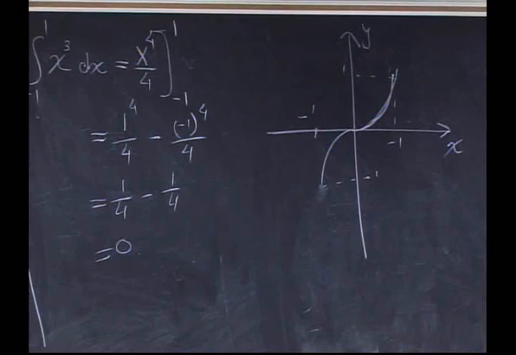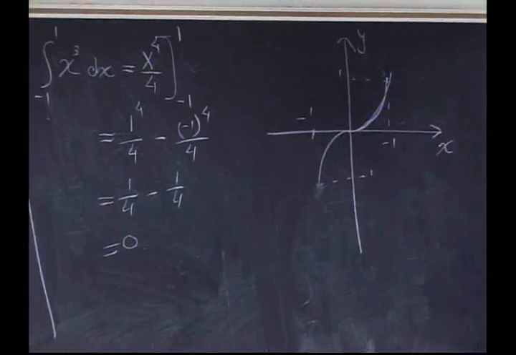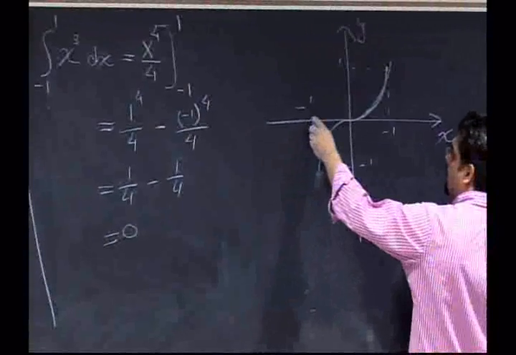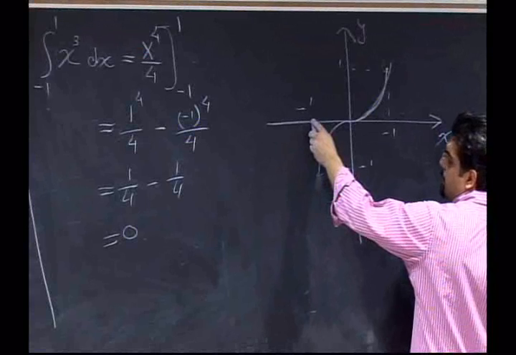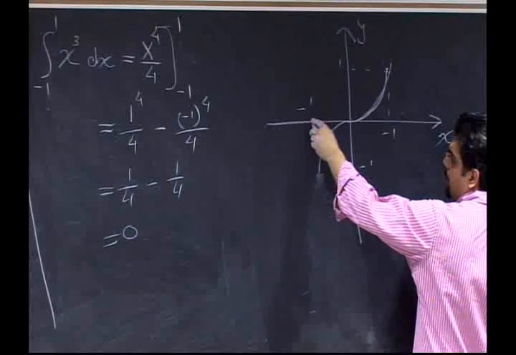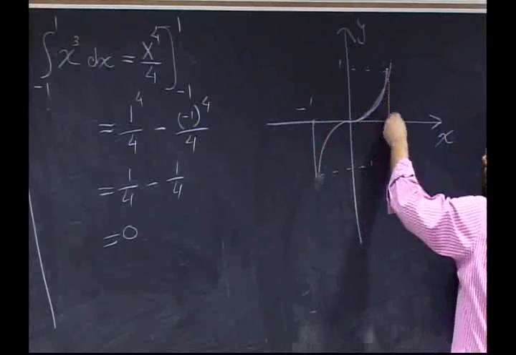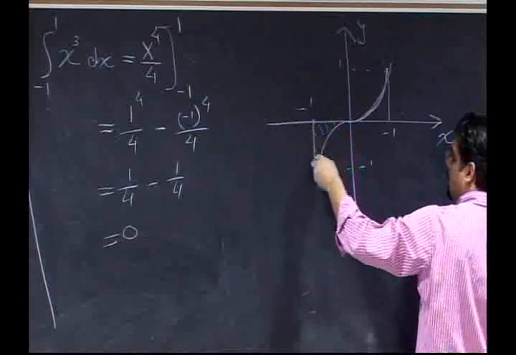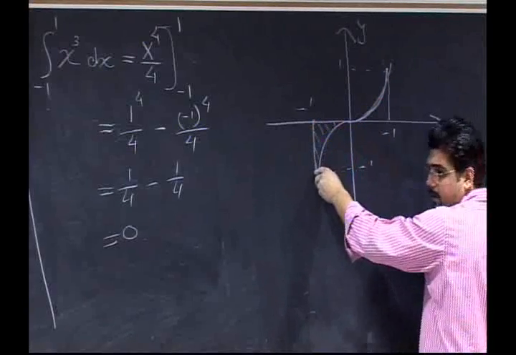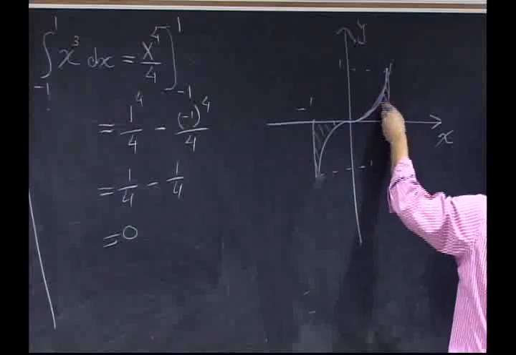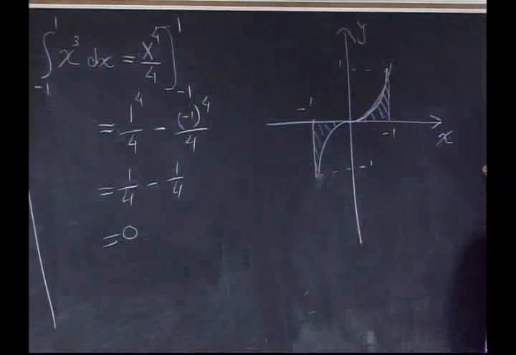Symmetric with respect to the origin. So if I were to draw a picture that represents the integral from -1 to 1, that would be this area, which is negative, and this area, which is positive.